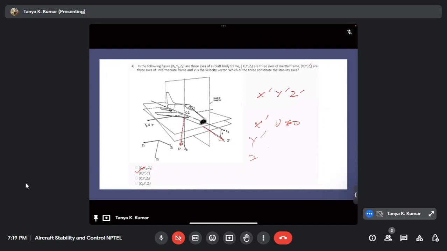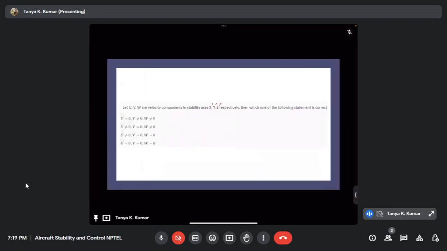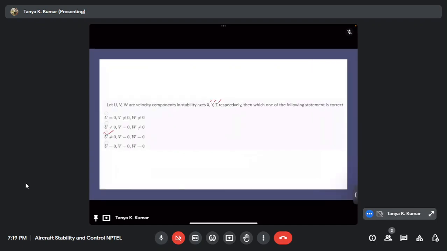Will it have components? No, right? Because the velocity vector is aligned to the x dash. So there won't be other components in the z and y directions, right? So your final answer is u not equal to 0, v equal to 0, w equal to 0. Correct?